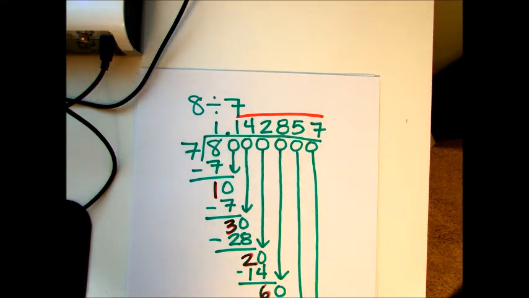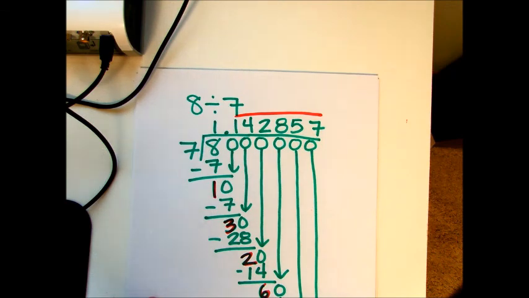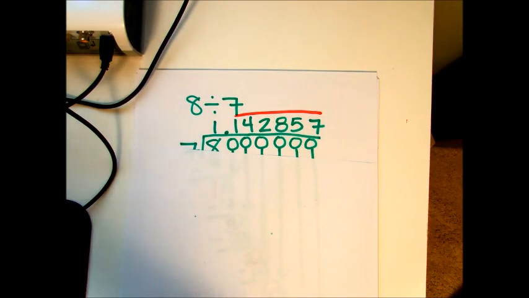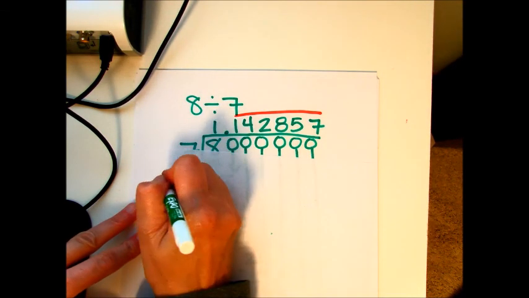So I'm going to be telling you how to round. So let's just look at this number and examine some examples of rounding. Let's say that I'm asking you to round to the nearest tenths place.